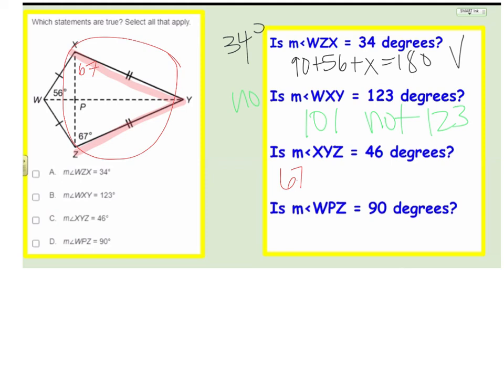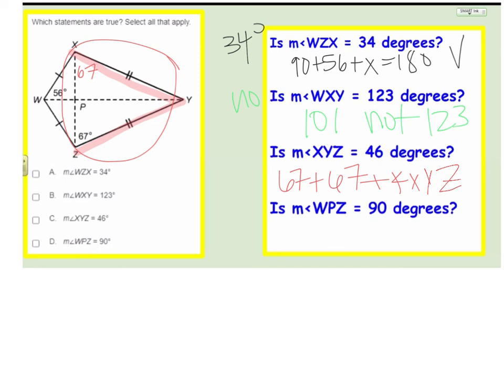So I can do 67 plus 67 plus, not times, come on, plus angle XYZ should equal 180. So again, I'm going back to my calculator and I'm saying 180 minus 67 minus 67. And that gives me 46 degrees. So yes, it's 46 degrees.